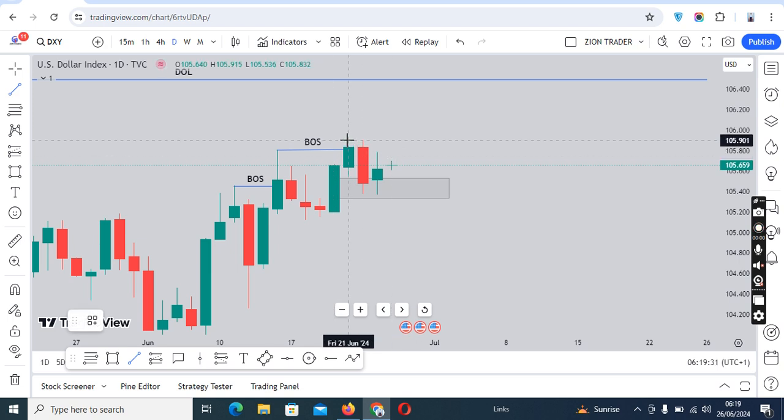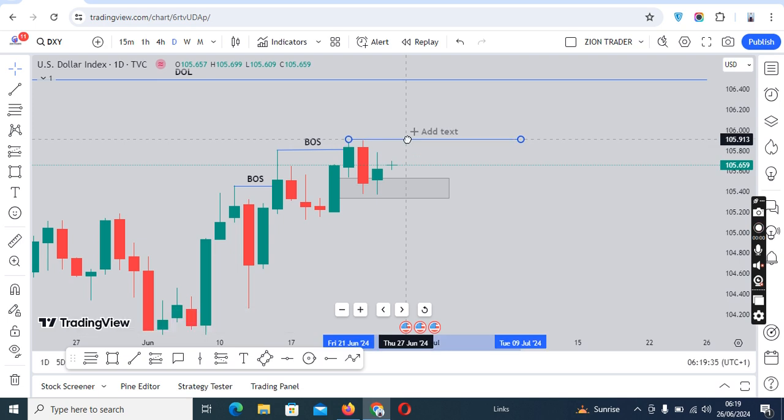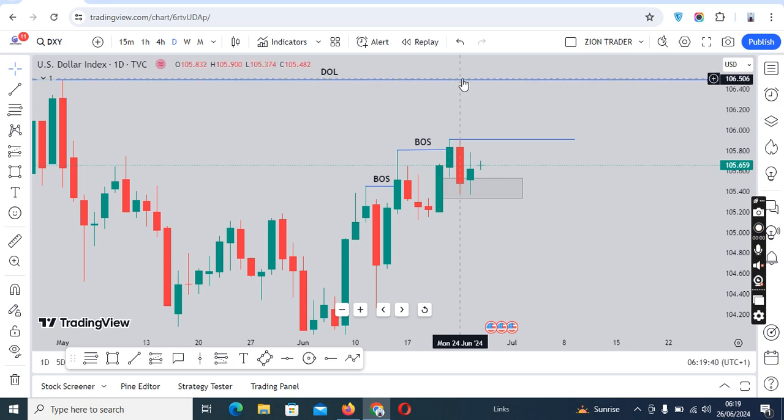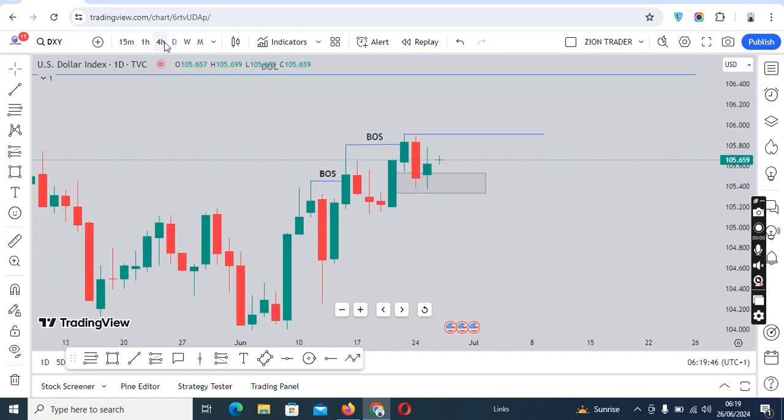This will be our first draw on liquidity for price to take out. So maybe towards the end of the week we'll see if price could come and take out these relative equal highs here, guys. This is what I'm looking at.